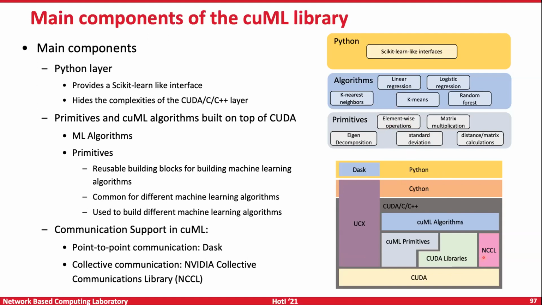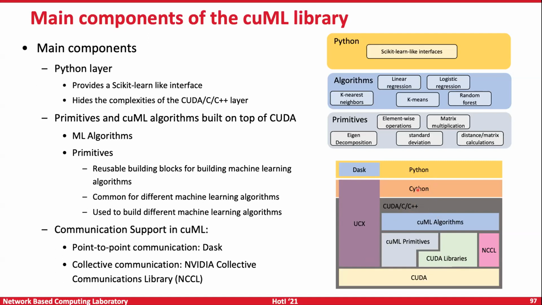So another view of the cuML software is as follows. At the top is Python, followed by all the cuML algorithms and primitives implemented at the C++ layer. And this obviously makes use of the CUDA platform, which is the library by NVIDIA to make use of their GPU platforms. The Python layer interacts with the native C++ using something called Cython.